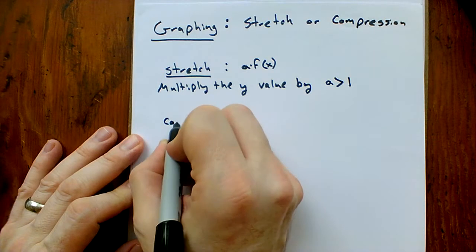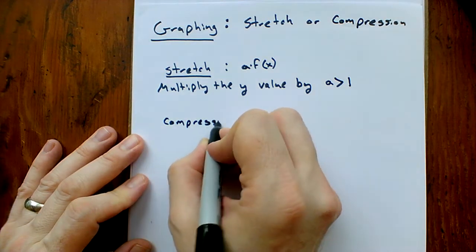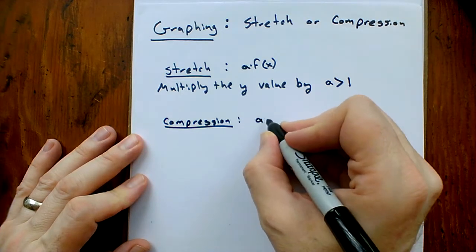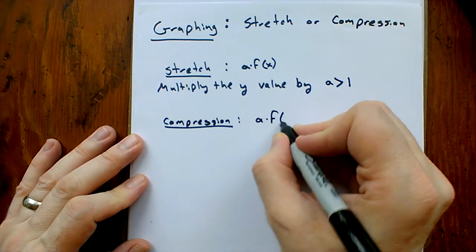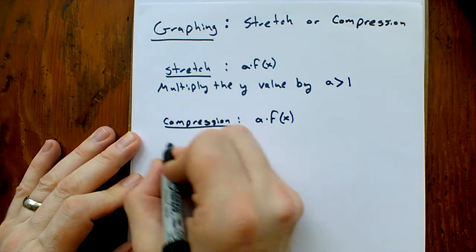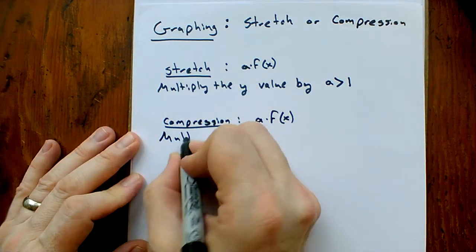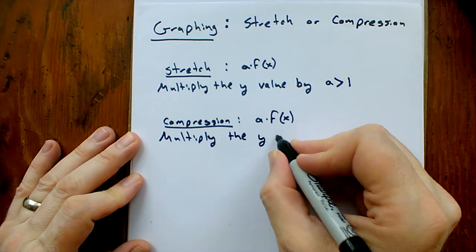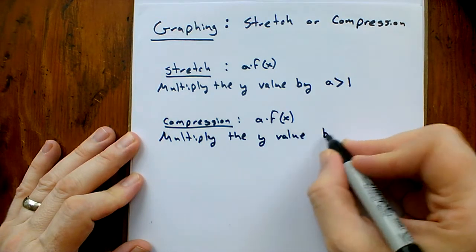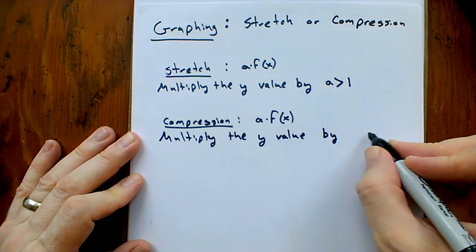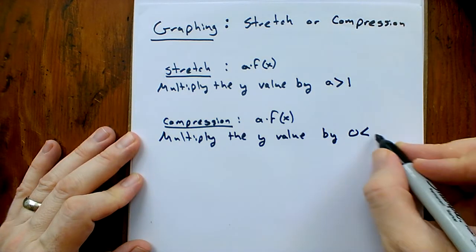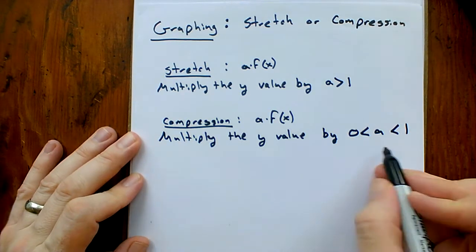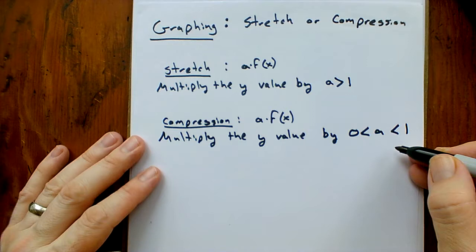So a compression is where we're going to multiply whatever our function is again by some factor, but this time we're going to multiply the y value by a number between 0 and 1. So here we're just taking whatever that ratio is and making it smaller.